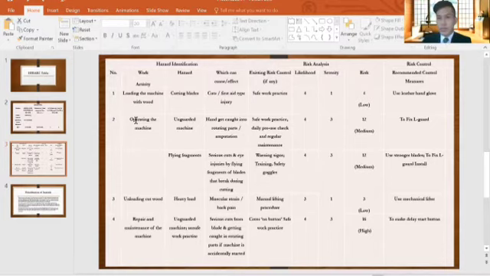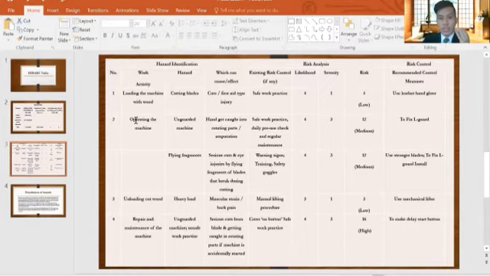So based on the risk analysis done here, the likelihood score for this hazard to occur would be a score of 4, while the severity would be a score of 1, which totals up to a score of 4 for the risk value in this work process.